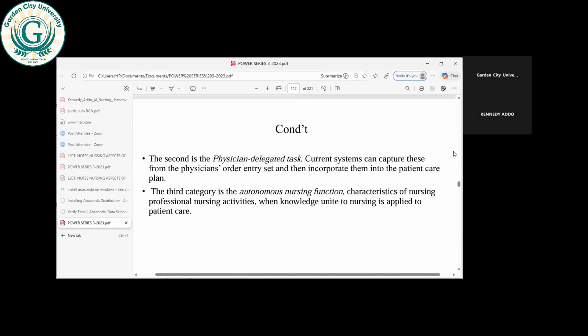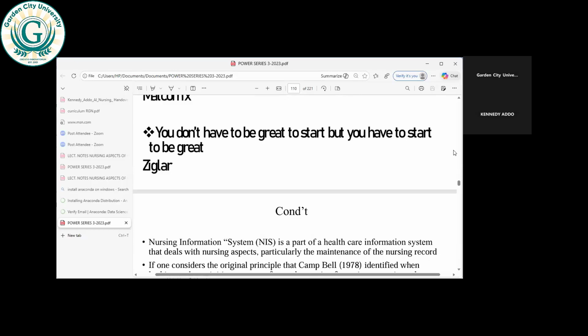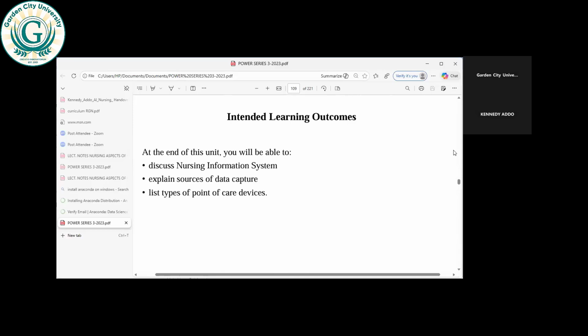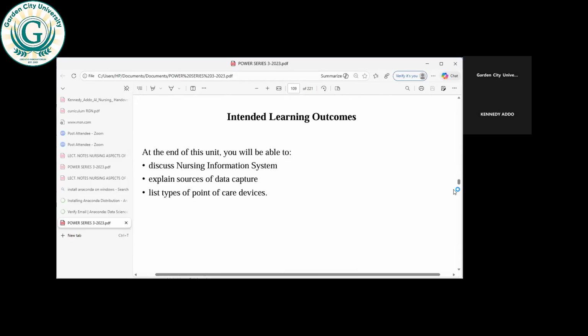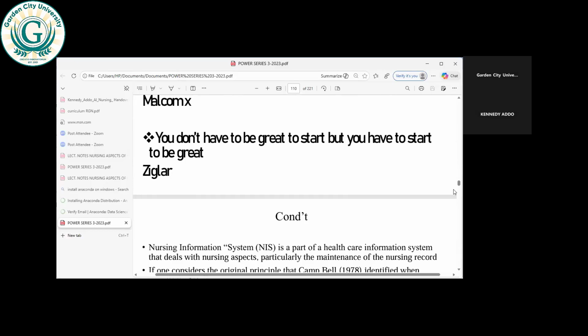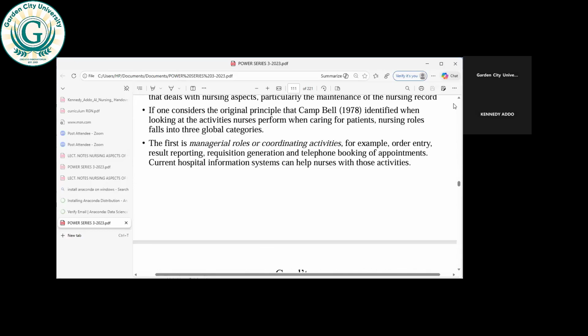So on this particular one, we were just looking at how nurses use computers or any informatics-based technology in advancing the course of care delivery. So we began looking at global roles of nurses in informatics or in caring for patients.